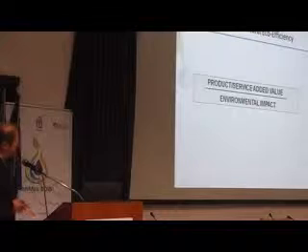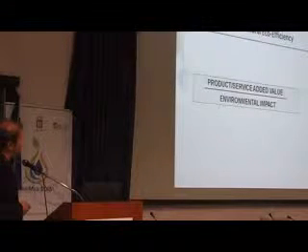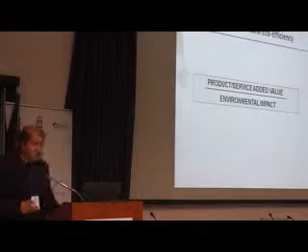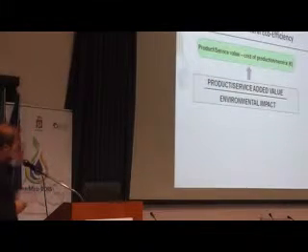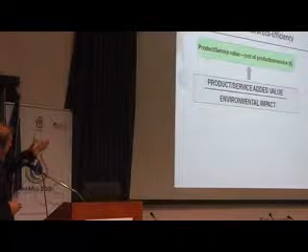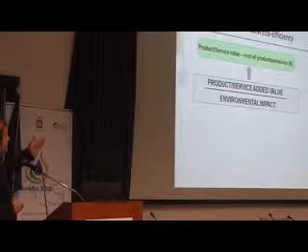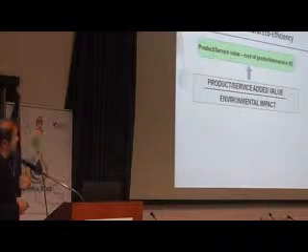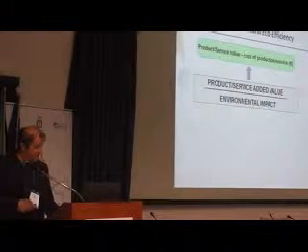And this concept of eco-efficiency is basically the ratio between product or service added value and environmental impact. Inside this ratio, product or service added value is the difference between the service or product value and the cost of production of that service.